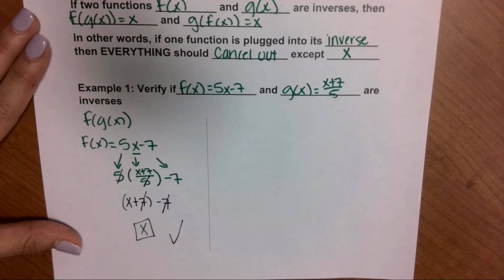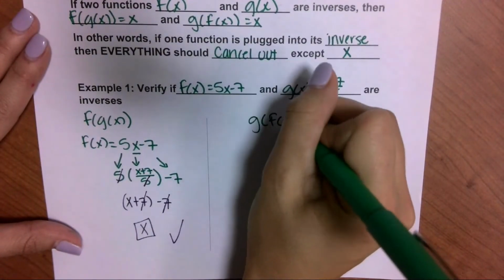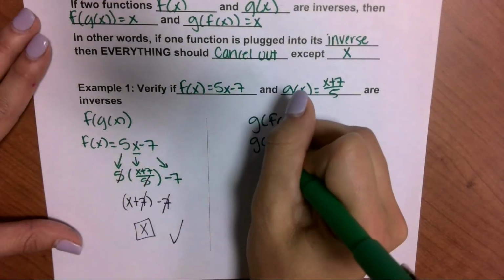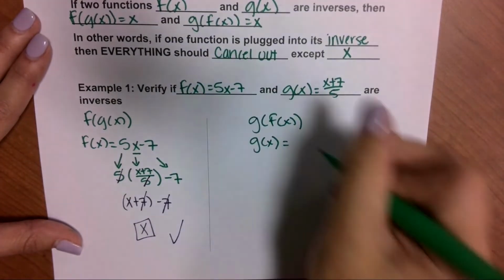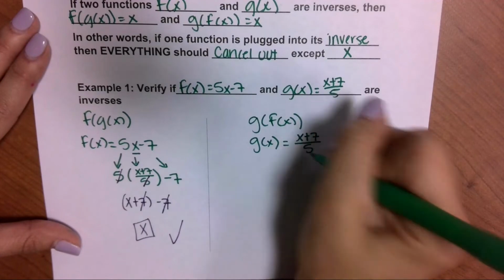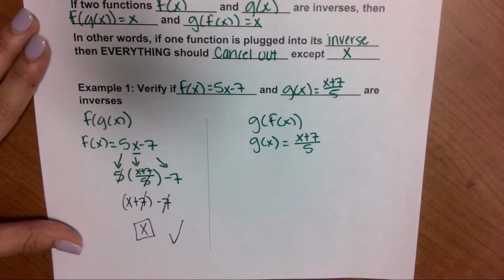All right. And then we need to do it for g of f of x. So what am I going to start with? My g is x plus 7 divided by 5. What am I going to replace?